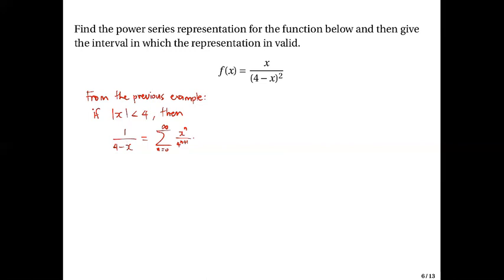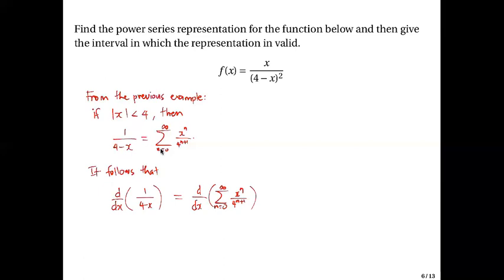It follows that we get the derivative with respect to x of 1 over 4 minus x. So this is equal to the derivative with respect to x of the series x to the n over 4 raised to n plus 1, from 0 to plus infinity.